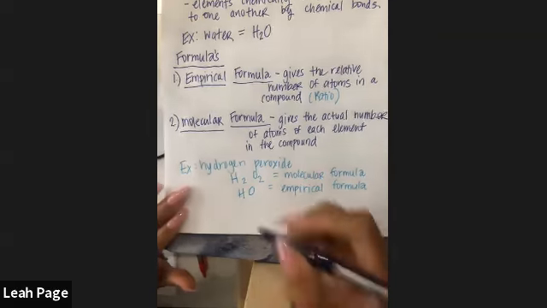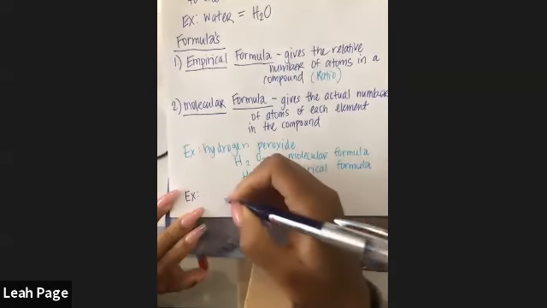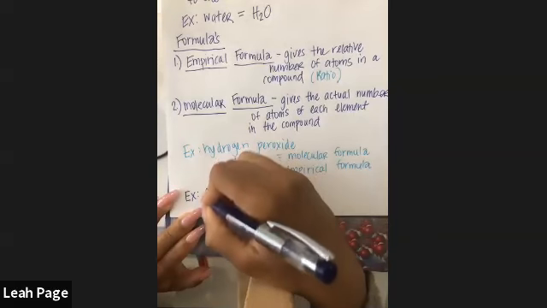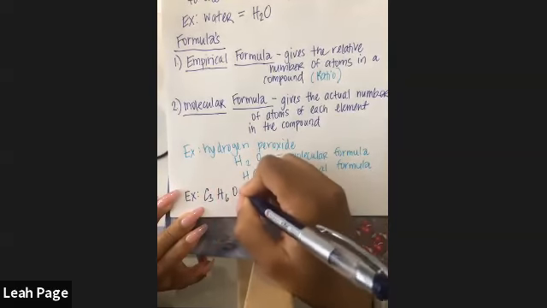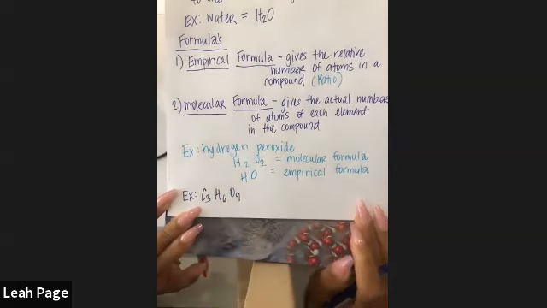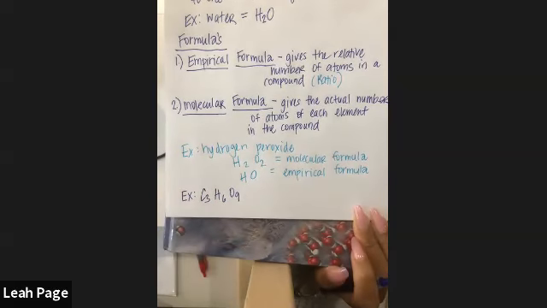So for example, if I said, here's a compound, C3H6O9, and I wanted you to write the empirical formula for this compound. Can we look at this and see what the empirical formula is? CH2O3.